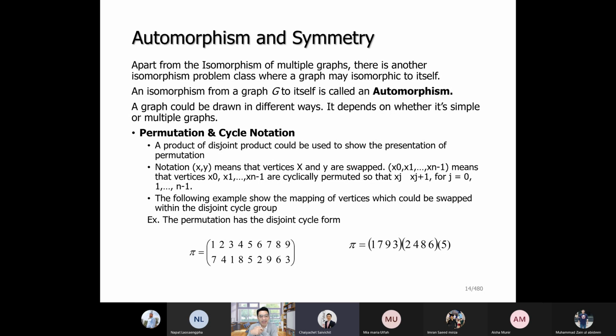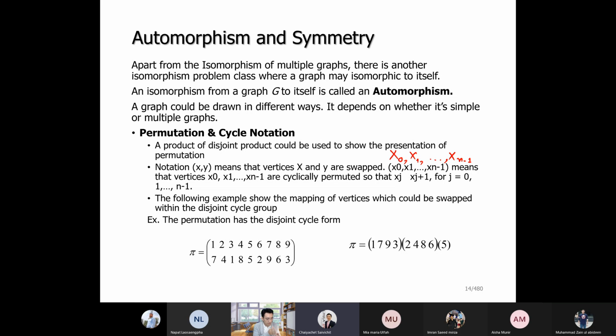Let's say we have x, y, meaning the vertices x and y are swapped among the list of vertices x0, x1 up to xn minus 1. Sorry that I didn't put it into subscript. It's just like vertices x0 up to xn minus 1 are cyclically permuted so that xj and xj plus 1 would be rearranged.